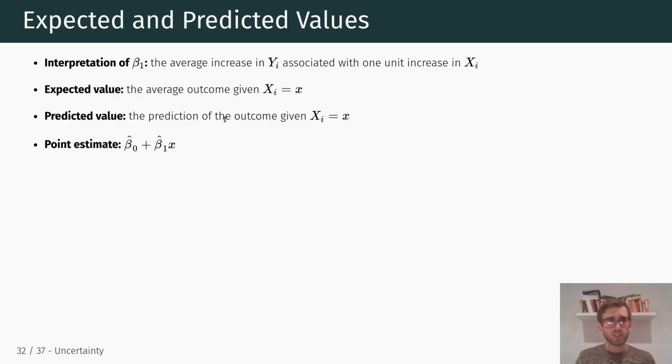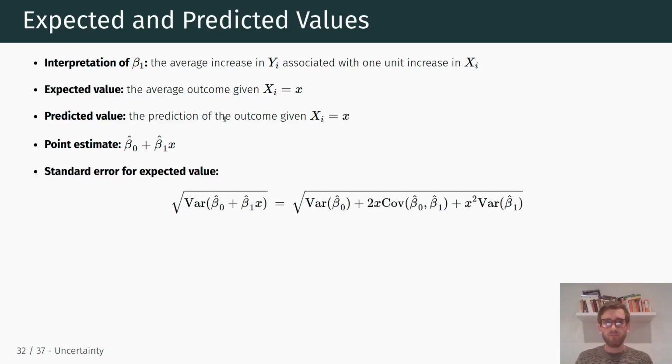Of course, our point estimate for our prediction is just, in the bivariate case, beta 0 plus beta 1 x. And we can ultimately compute two different standard errors.